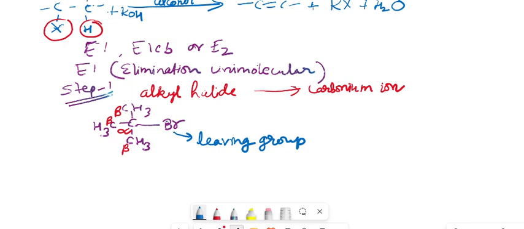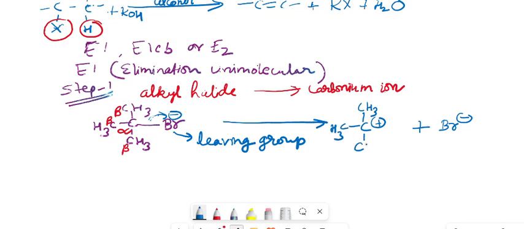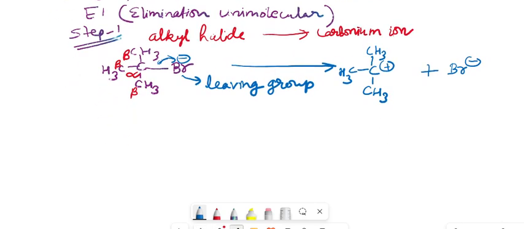Now this bromine abstracts the electron from this bond and gets the minus charge, and it leaves the substrate forming Br minus, and the other product is carbocation. This is the carbocation intermediate.